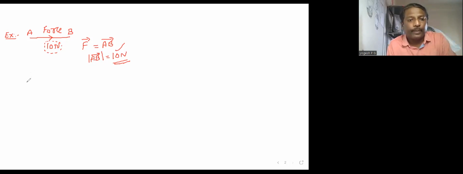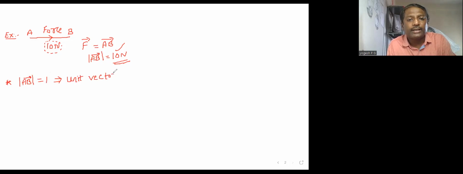Suppose I consider a vector whose magnitude is 1. If the vector has a magnitude of 1, please remember it is considered a unit vector. What is a unit vector?